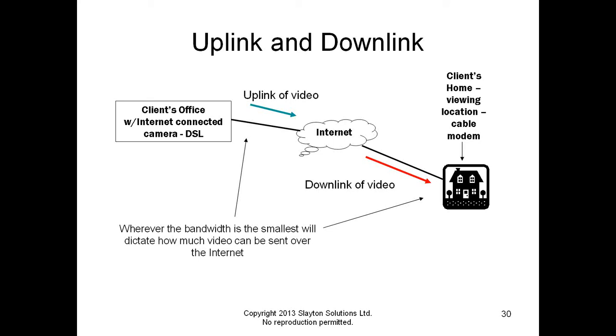Now, realistically, things like smartphones and tablet computers, 4G, 3G devices that are getting their internet connection via cellular communications, those pipes are very small and they have a ton of packet loss.